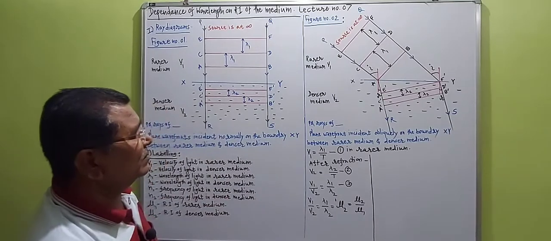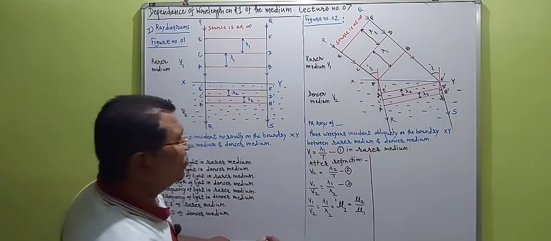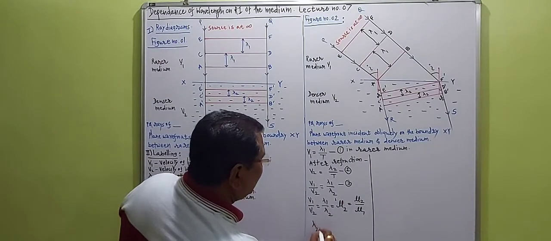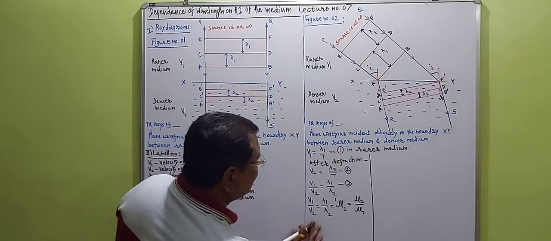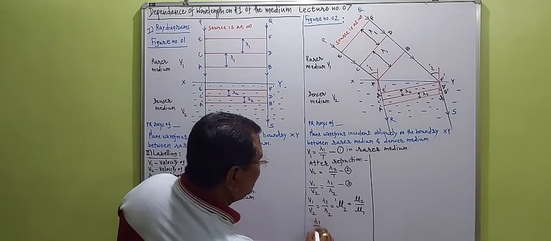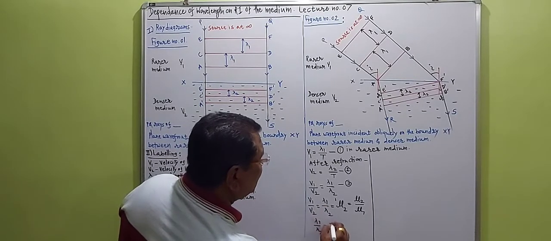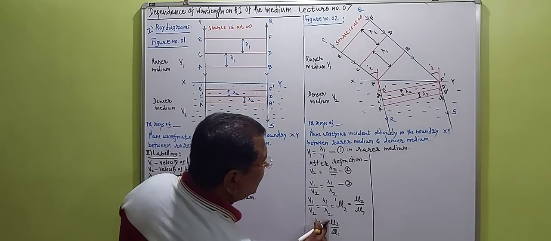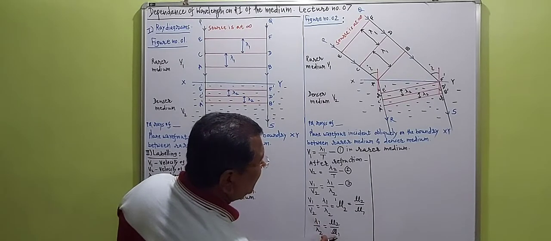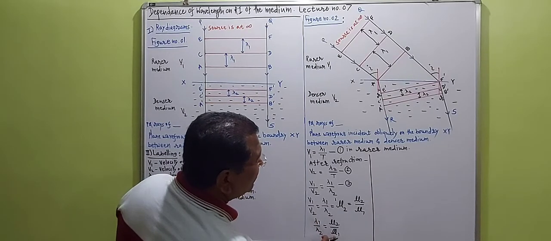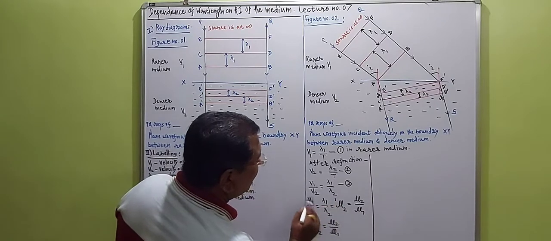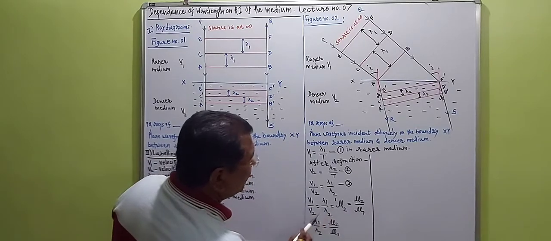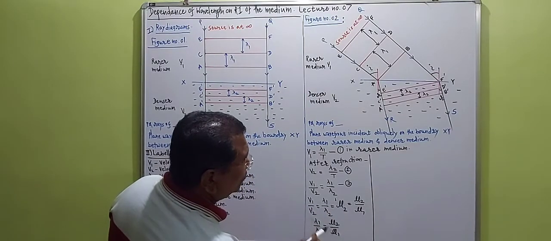So lambda 1 upon lambda 2 is equal to mu 2 upon mu 1. Mu 2 is the refractive index of the denser medium. Mu 1 is the refractive index of the rarer medium. I have omitted this part and only we will build up the relation between wavelength and refractive index.